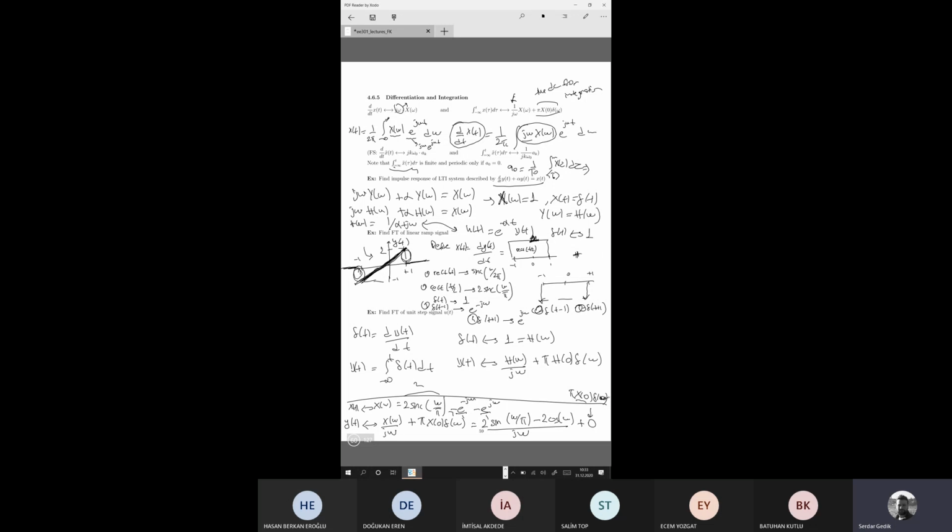So there's an omega here, by the way. So this is nothing but 1 over j omega plus pi impulse of omega. So this is the Fourier transform of my unit step signal. So that's it. So some basic relationships governing differentiation and integration.